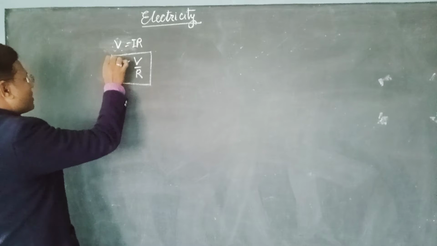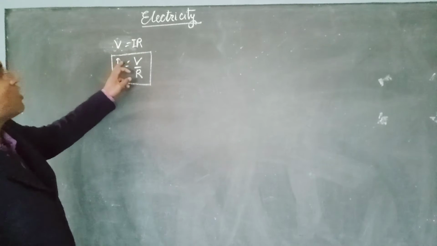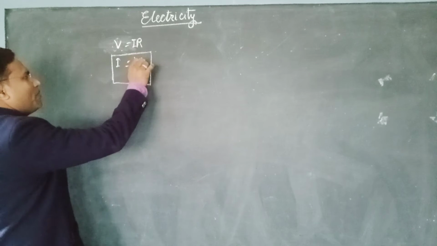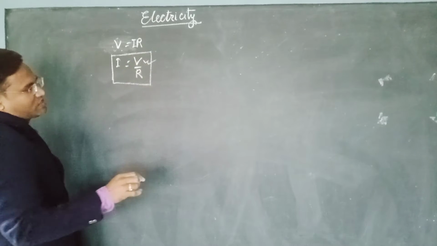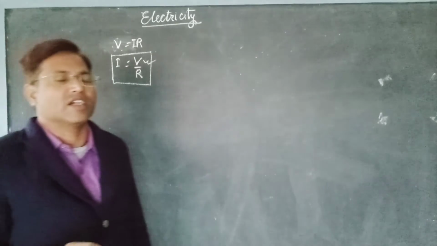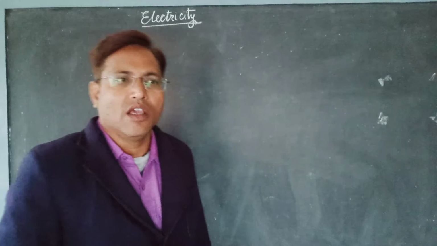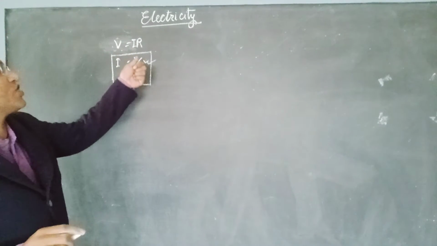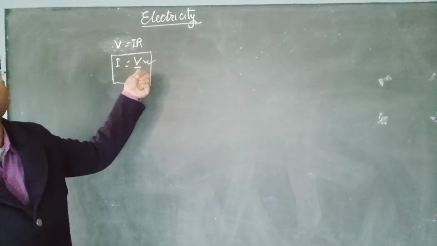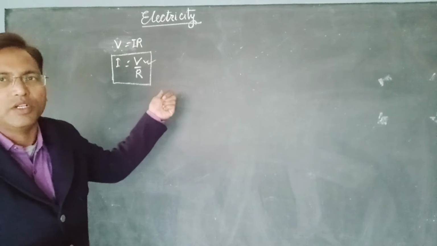So here, current is directly proportional to V. That means if I double the potential difference, the current flowing through the conductor will get doubled. If I halve the potential difference, the current flowing through the conductor will also get halved.